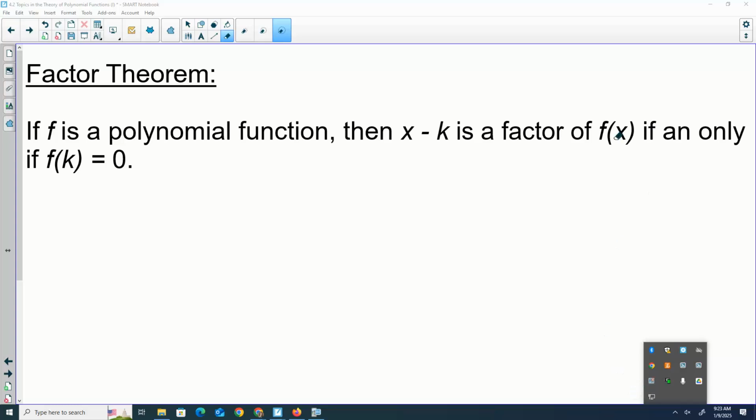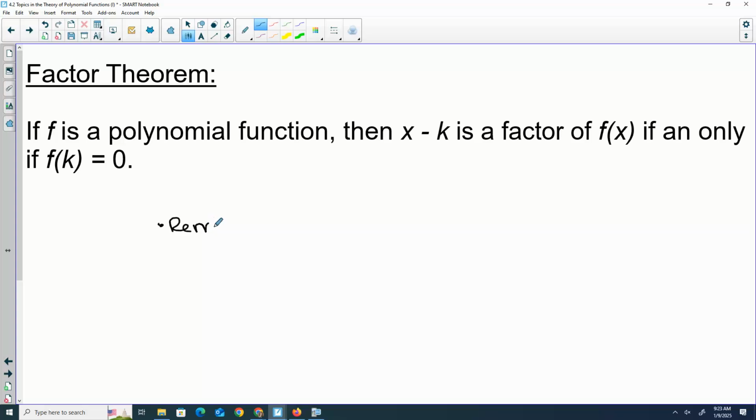So there's two ways of thinking about this. If something is a factor, then what it means is in the long division, the remainder is 0. So like the problem we just did, we divided, we got a remainder of 0, so that means it's a factor. The factor theorem also tells us a shortcut.